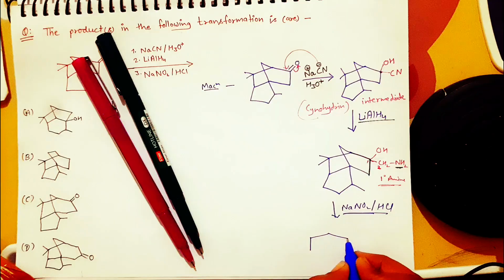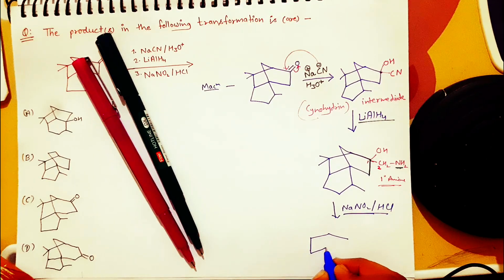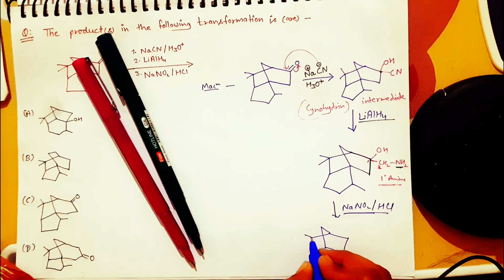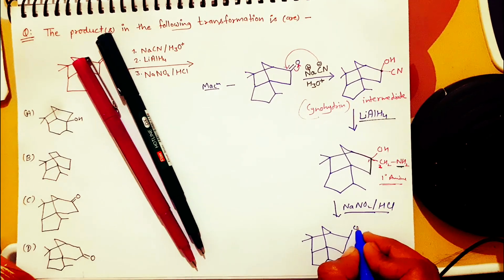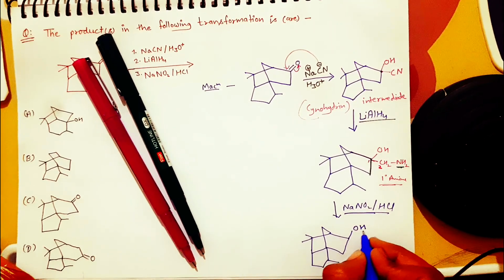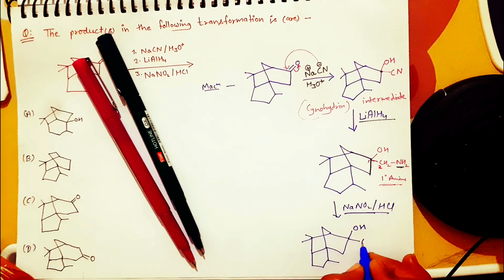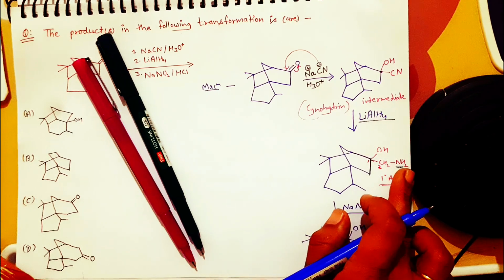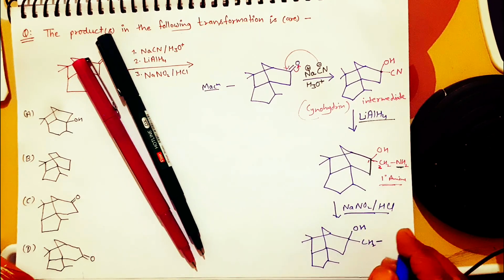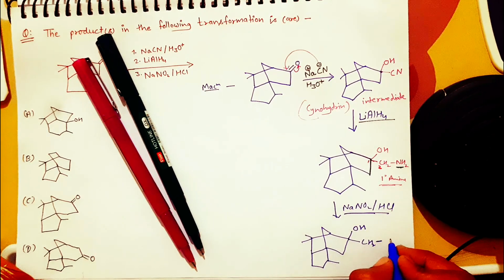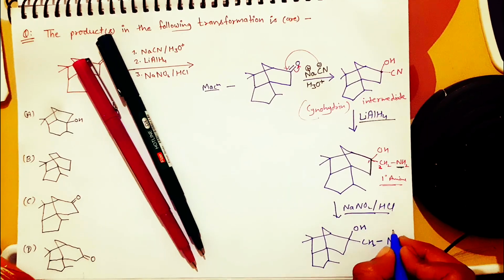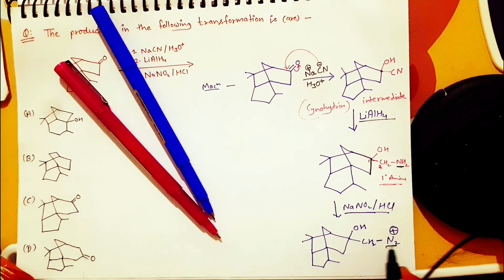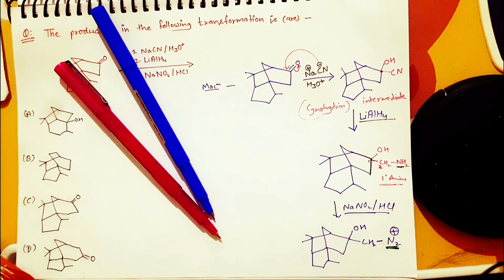The structure is the same. Here you see one OH, here CH2, and after treating with NaNO2 and HCl, this NH2 group converts into diazonium. And now you see this is the best leaving group.